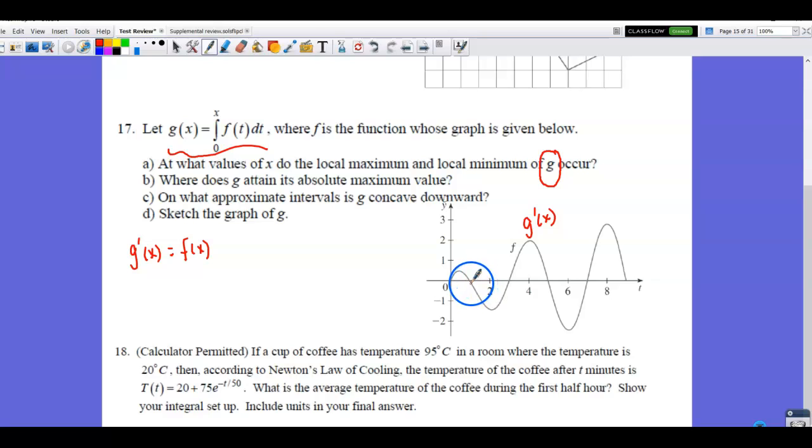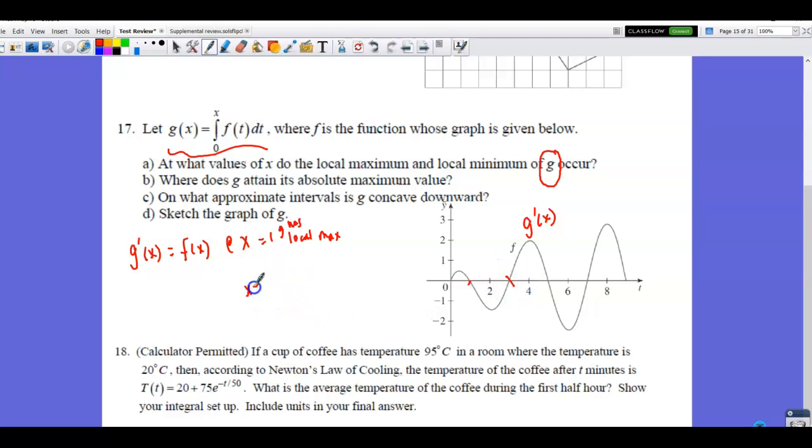We can see that G prime of x changes from positive to negative at x equal to 1, there is a local max, or G, I should say, has a local max. We can see that G prime changes from negative to positive at x equal to 3.